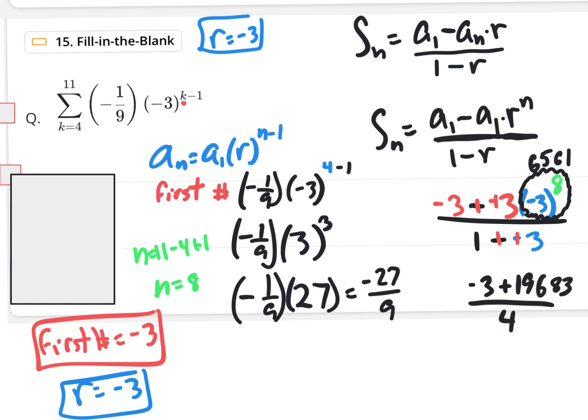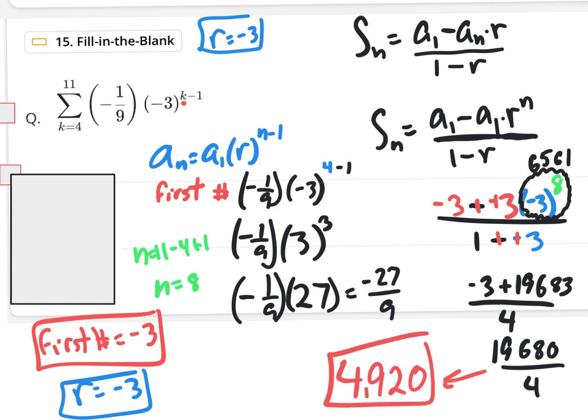So that will be 19,680 over 4. So on a calculator, we're going to get divided by 4 is going to be 4,920. So your final answer equals 4,920. There is your answer.